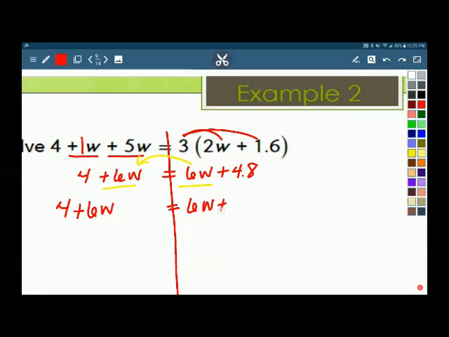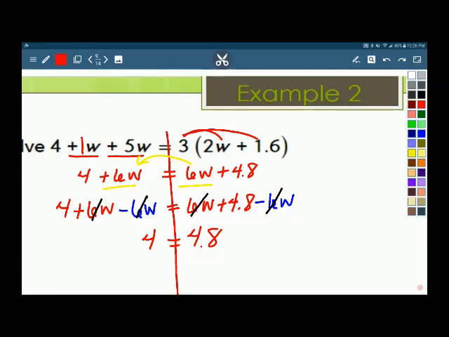Just rewrite the equation just as it is, and since it's a positive 6W, I want to insert a negative 6W on both sides of the equation. Positive 6W and negative 6W will become a 0. And again, that will happen on the left side. And I'm left with 4 and 4.8.